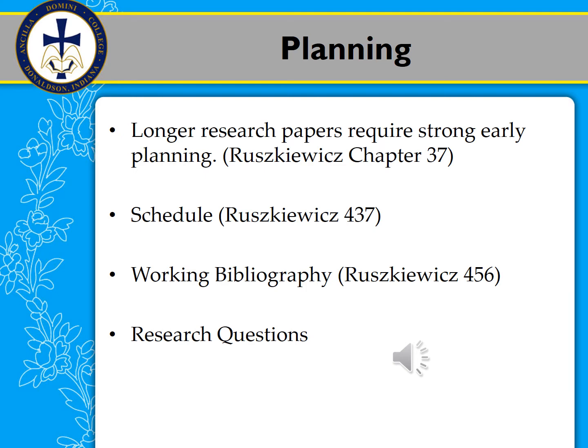And again, another strategy that helps with planning a research paper is to know that you have a certain amount of work that needs to get done by a certain date, and don't really give yourself any slack on that.